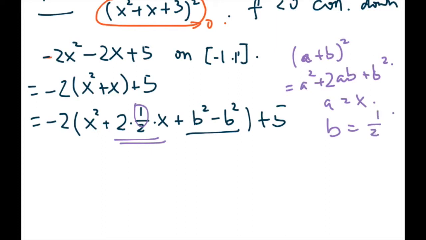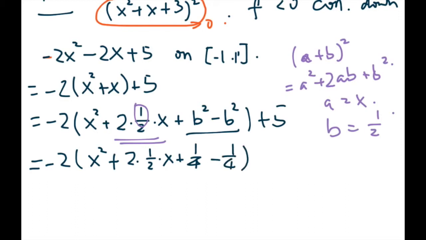So after figuring out b, we have -2 times (x squared plus 2 times 1/2 times x plus 1/2 squared, which is 1/4, minus 1/4, nothing's changed here), and then plus 5.